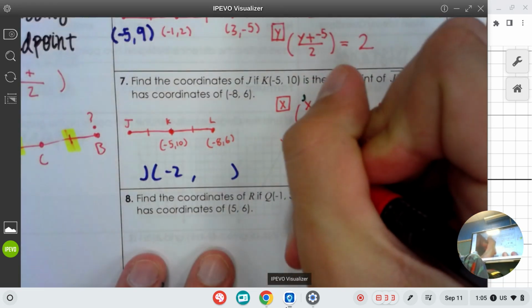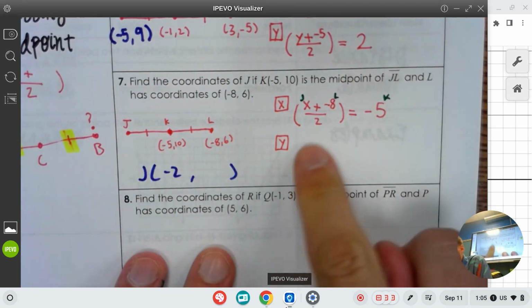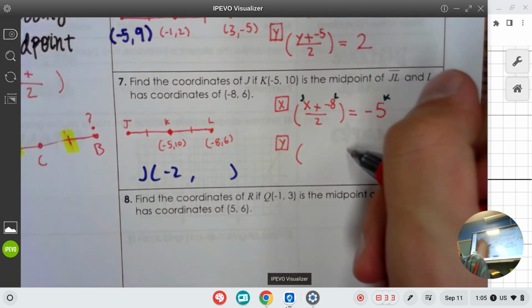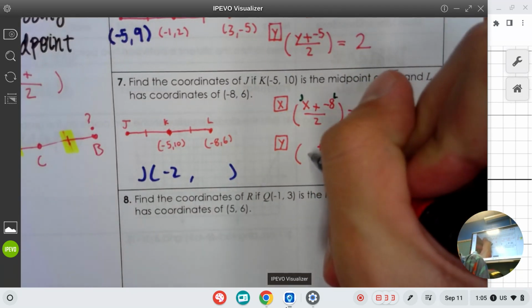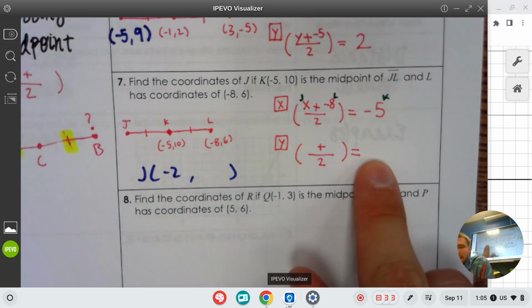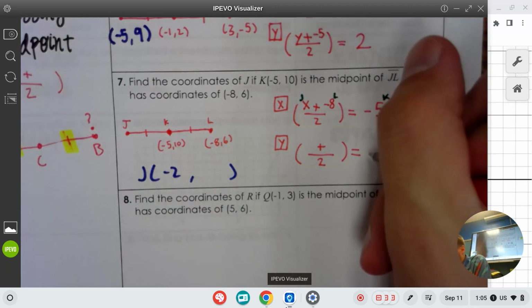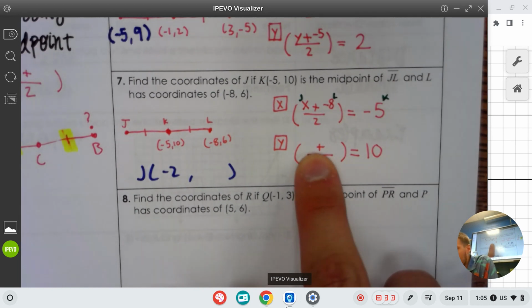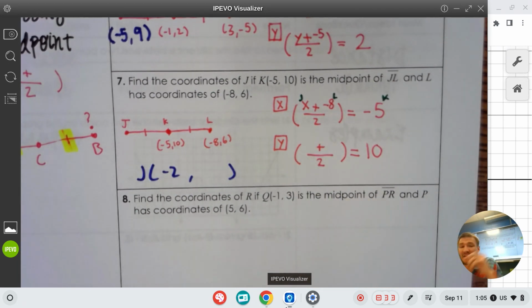Again, it seems like a really weird formula. If all you're doing is copying it down and you don't have your brain on, it seems totally random. The midpoint, where you add them together and divide by 2, is equal to what number? 10. Perfect. Nice job. You rock. That was easy peasy. When it comes to the actual y values of the ends, I don't know both of them.